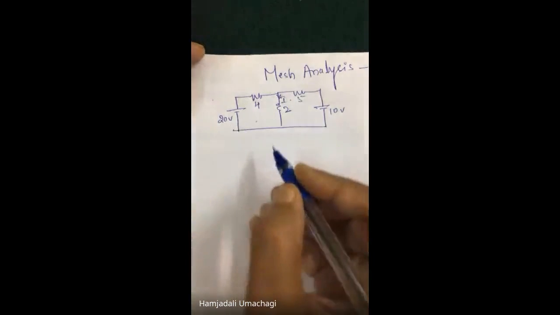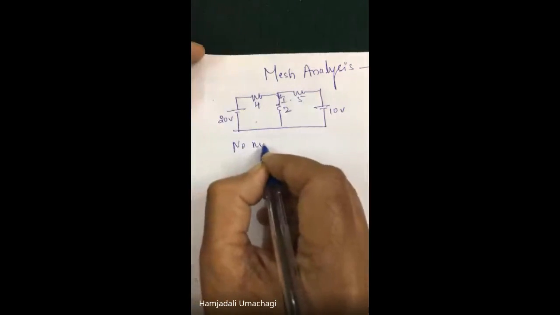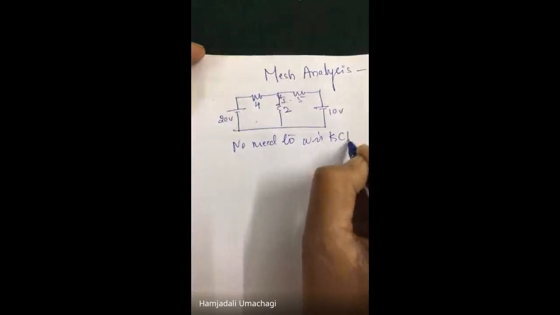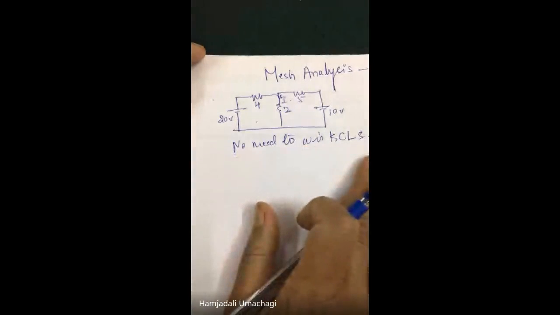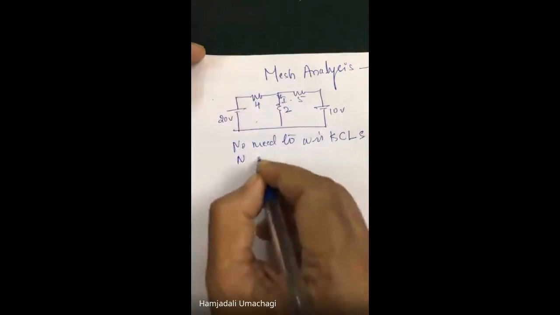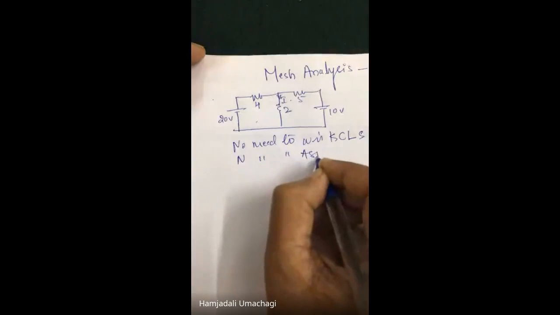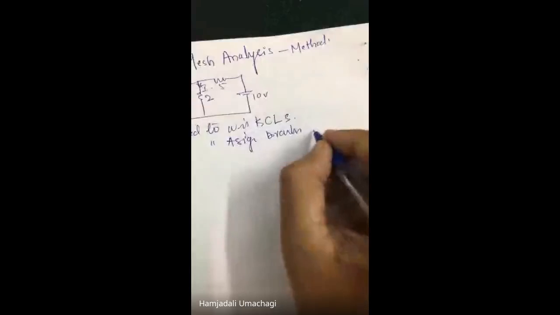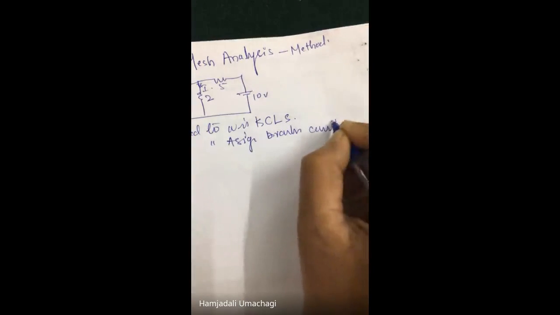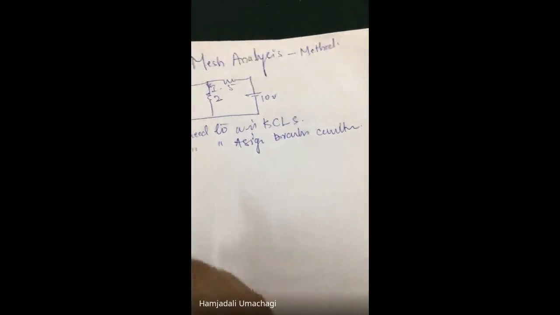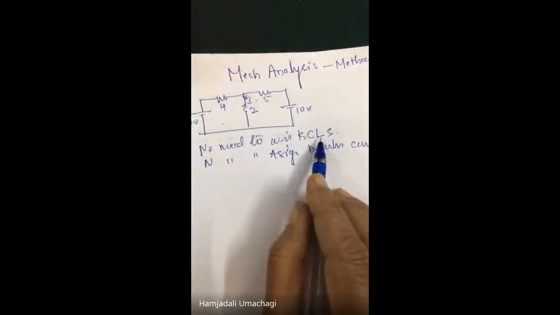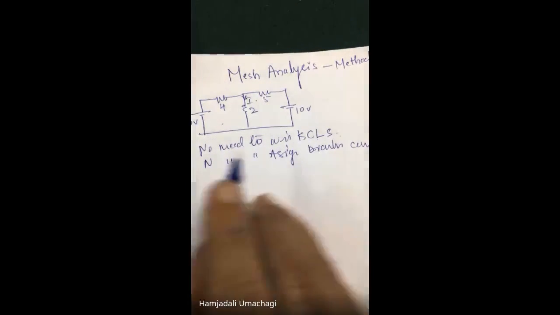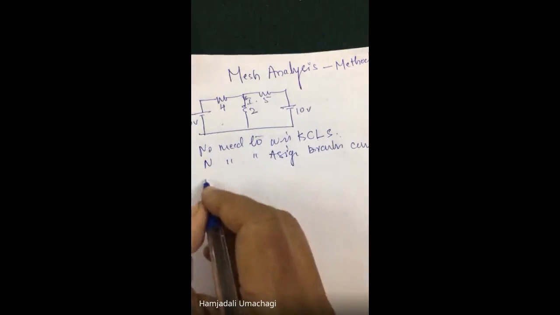Here there is no need to write KCLs, and no need to assign branch currents like in KVL and KCL.